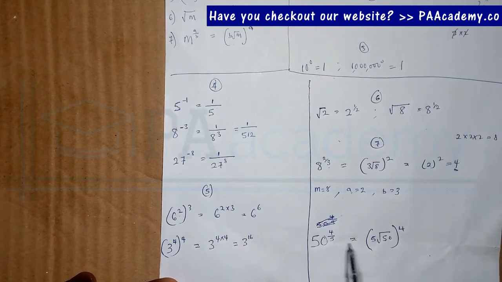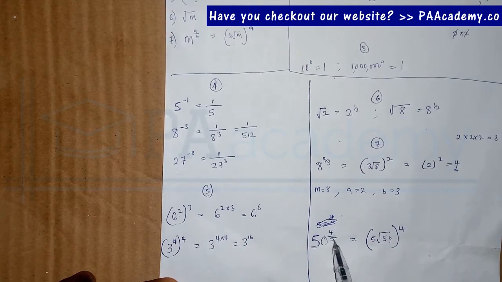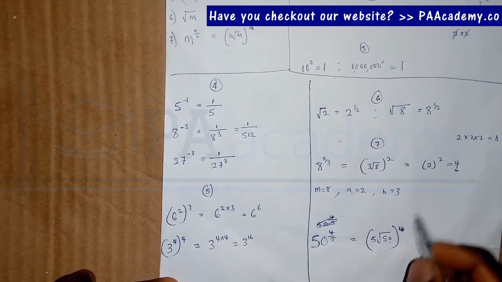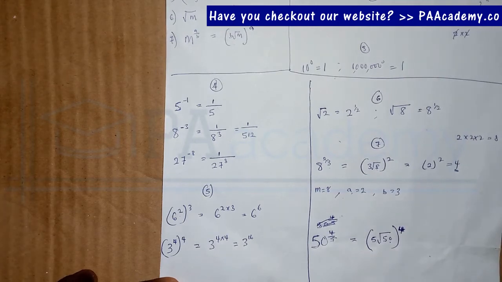Just know that the number itself will be under the root sign, and the power at the denominator comes first as the root, while the numerator stays at the top and represents the power. I hope that is clear.